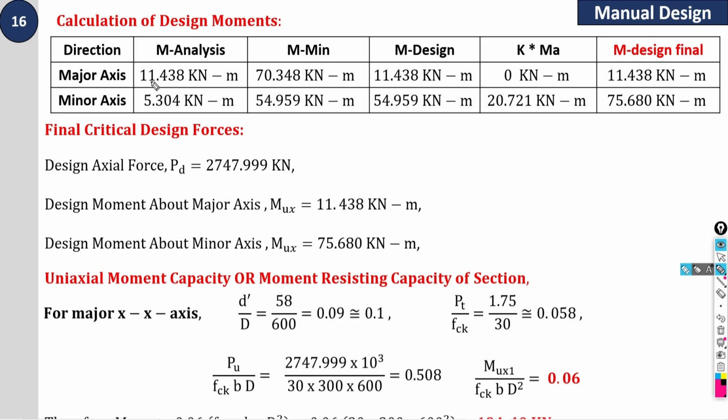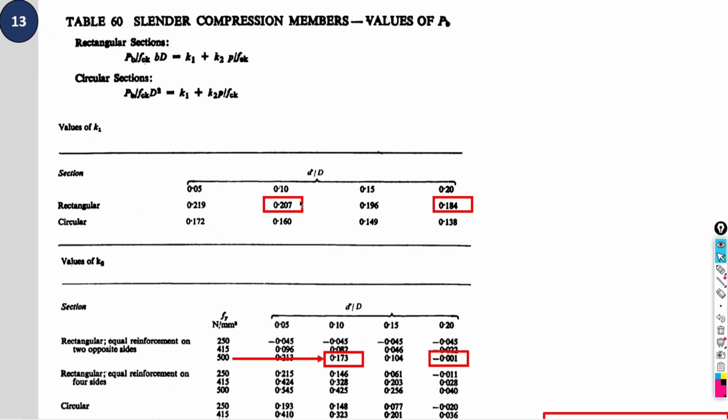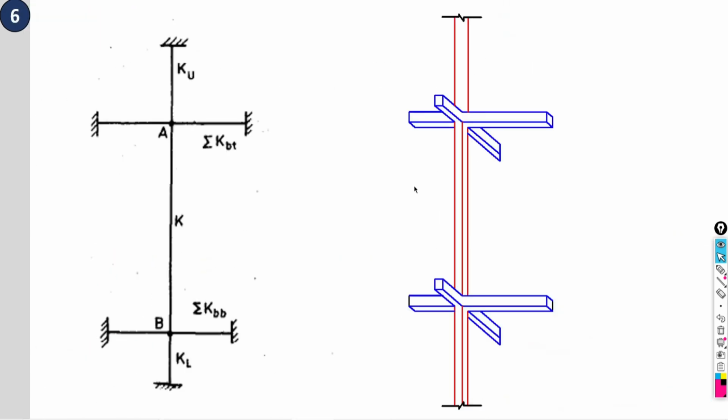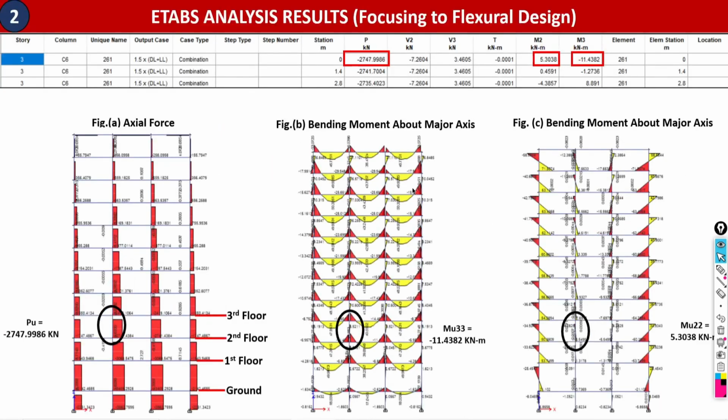Analysis value 11.438, analysis value 5.304. Moment due to minimum eccentricity, 70.348, 54.959. From where are these values coming? Let me show you on the first page.